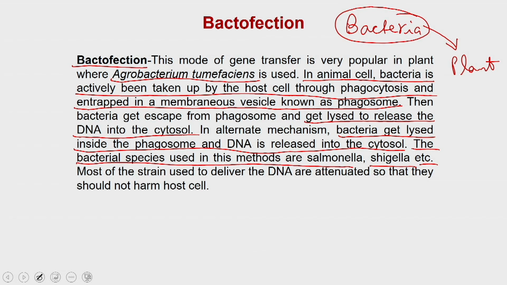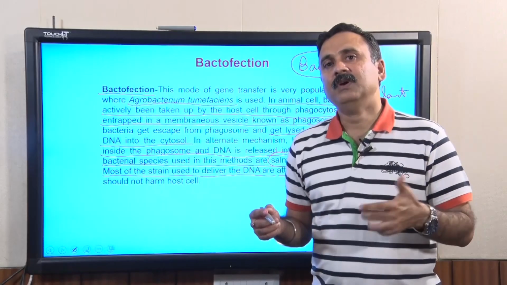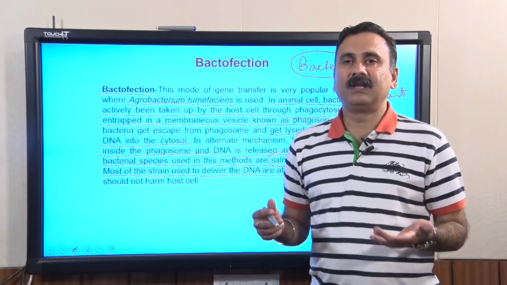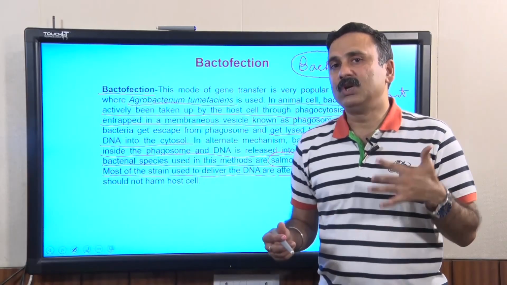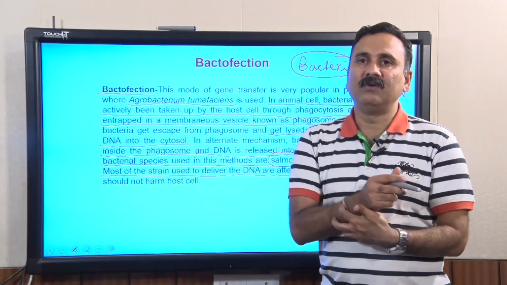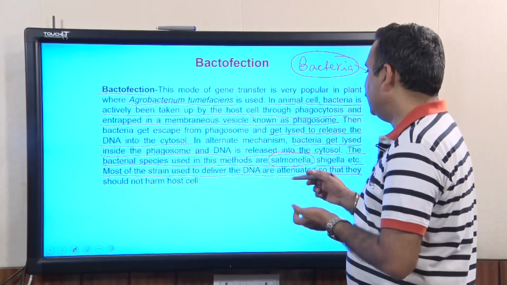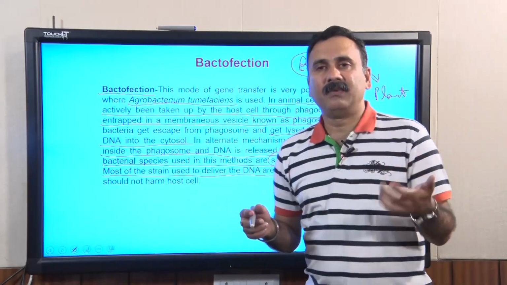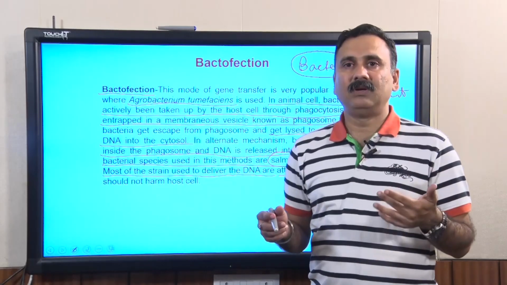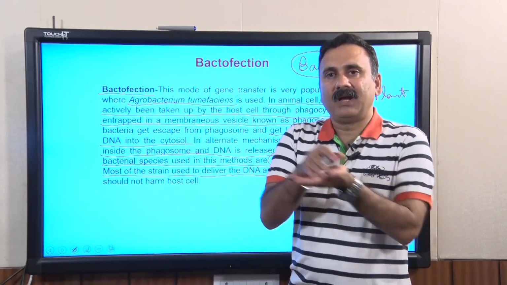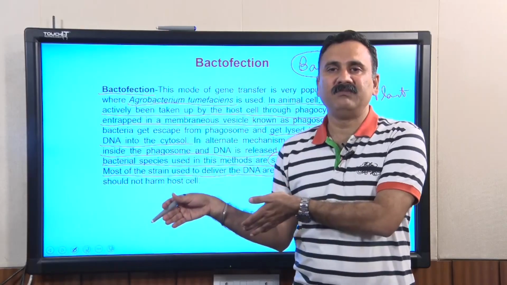Most of the bacterial strains you use to deliver the DNA are infectious bacteria, for example Salmonella or Shigella, but when you use them to transfect mammalian cells, the first thing you do is attenuate them so that they do not cause any kind of disease, because if that happens it will make the mammalian cells susceptible to that disease, and then the mammalian cells may not be useful for downstream experiments.